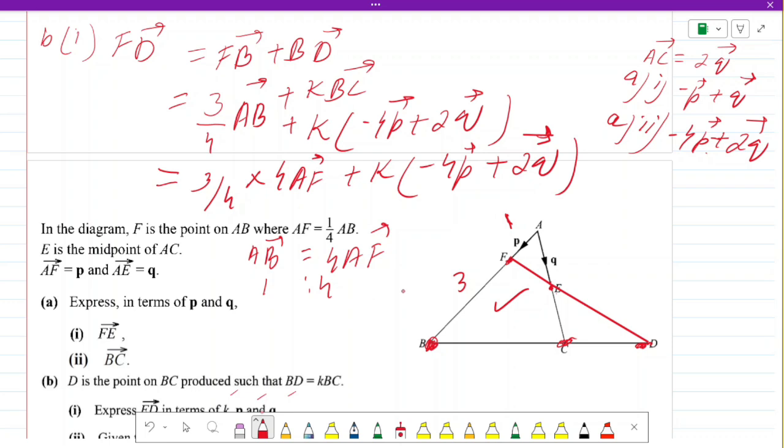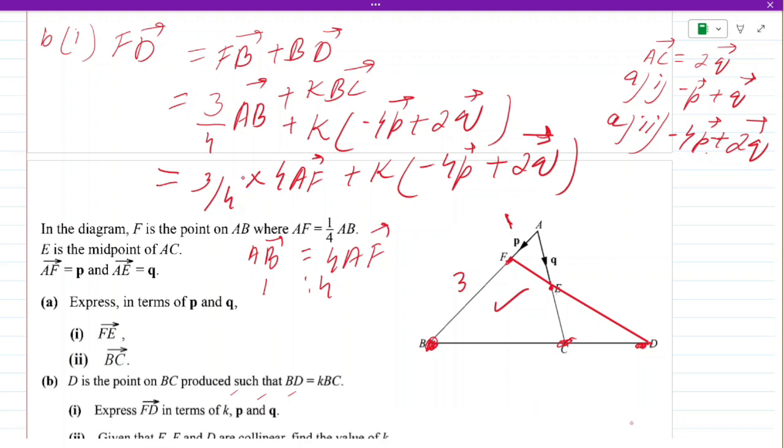Okay students, in the next step, what we do is cancel out these 4, and AF is P. So this becomes equal to 3P plus K times minus 4P plus 2Q.